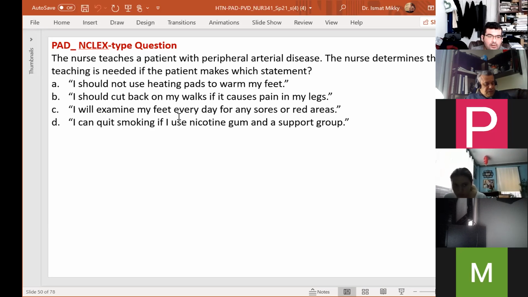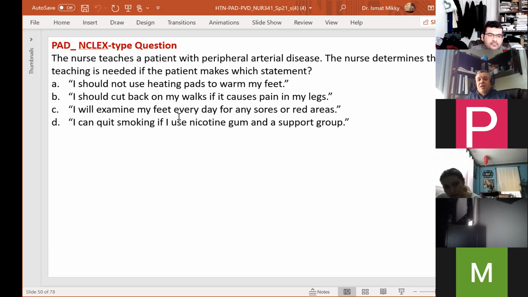Okay, any volunteers? The nurse teaches a patient with peripheral arterial disease. The nurse determines that further teaching is needed if the patient makes which statement? A, I should not use heating pads to warm my feet.